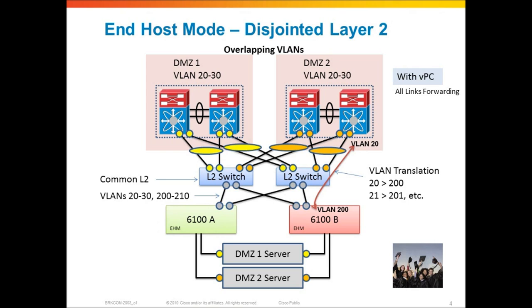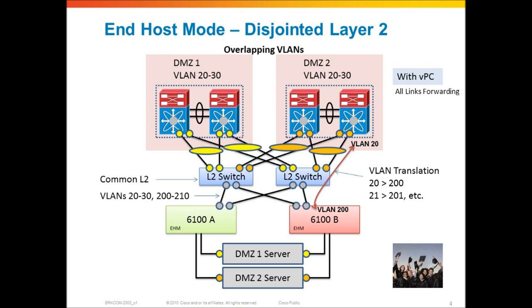And VLANs 200 through 210 are translated to VLANs 20 through 30 as they egress up to this other DMZ number 2 up here. So DMZ number 2 is only going to see tags for VLANs 20 through 30, just like it's expecting. But down here in the UCS Manager Fabric Interconnect, we've been able to change that to a unique VLAN space.